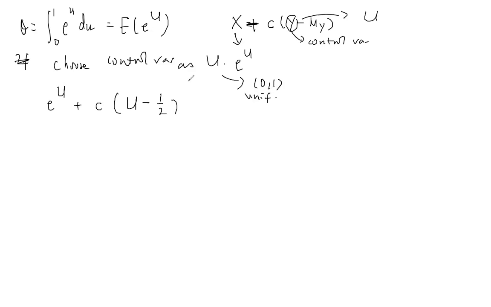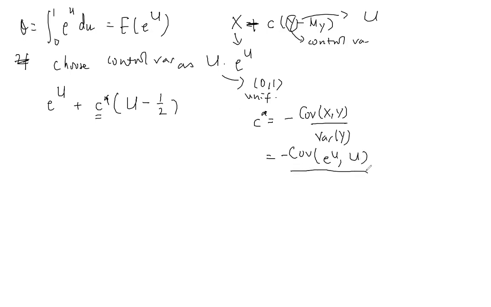And then what is c? Just now we already found c star, which is the minus of the covariance of xy over the variance of y. So in this case, it's the minus covariance of E u and u over the variance of u, okay?